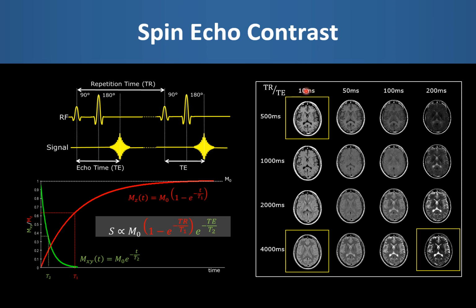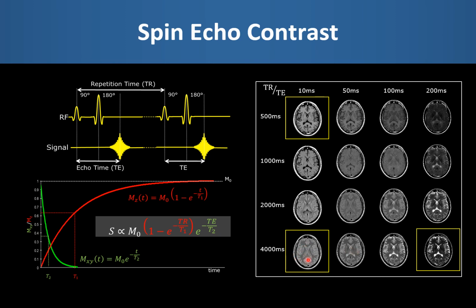And again, because we've got a short echo time here, there is minimal T2 decay, so therefore we end up with an image which is proton density weighted. So again, we can see here that the white matter has a slightly lower proton density than the grey matter, so the white matter is slightly darker in this image.